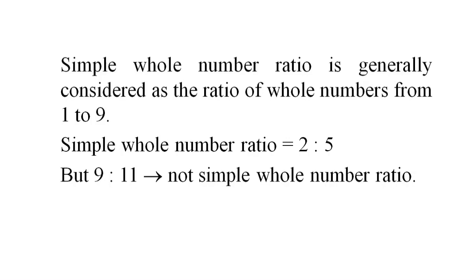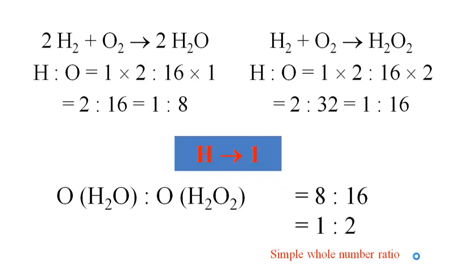Now, example. In this example, hydrogen combines with oxygen to form two compounds, namely water, that is H2O, and hydrogen peroxide, that is H2O2. In water, the reaction is 2H2 plus O2 equal to 2H2O.